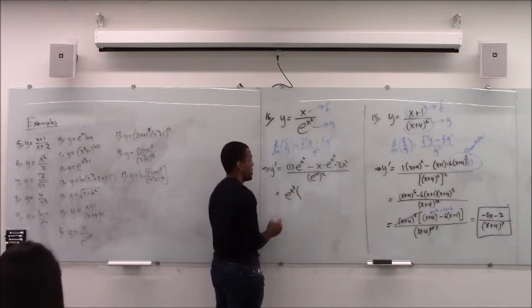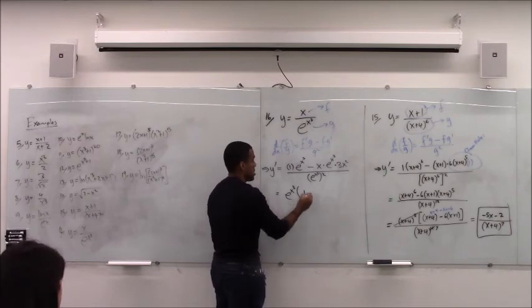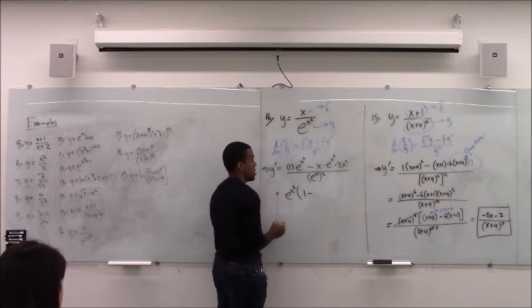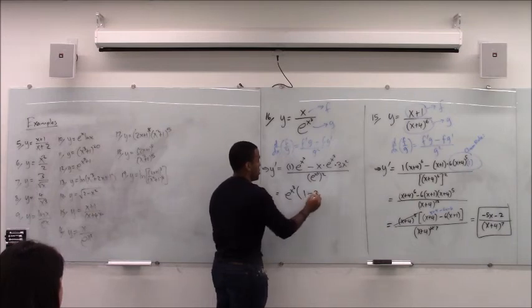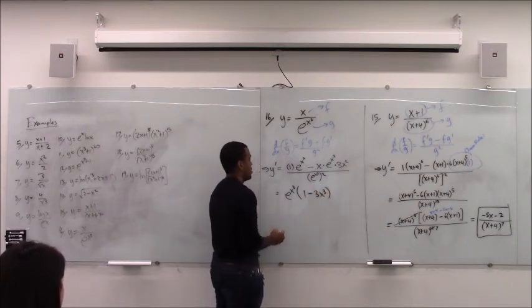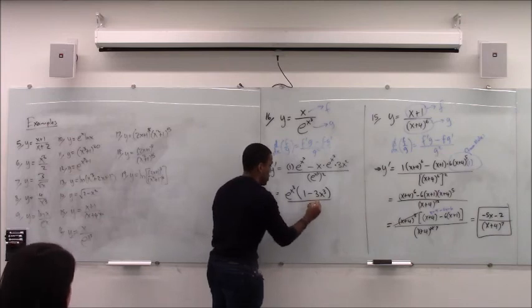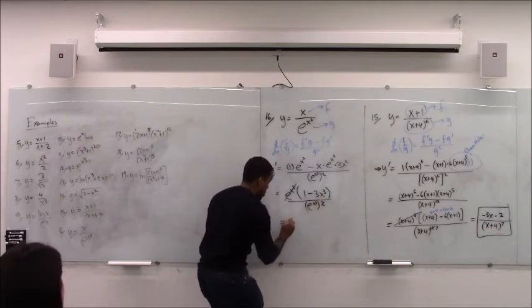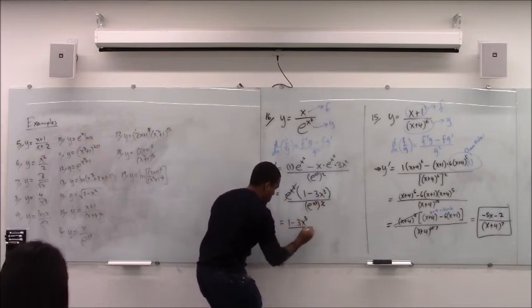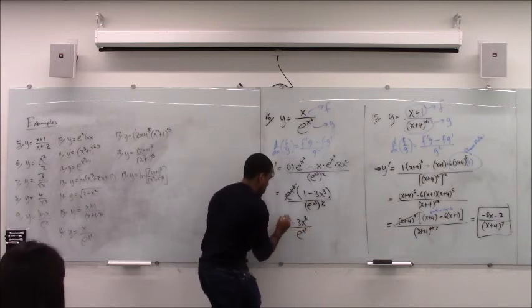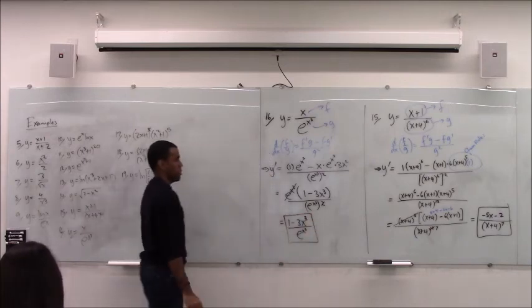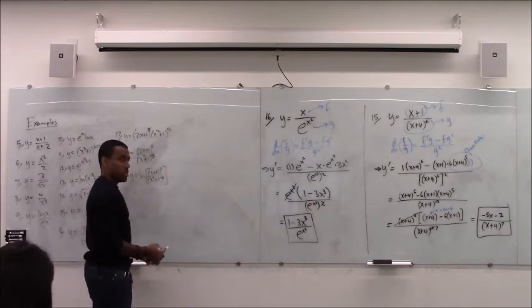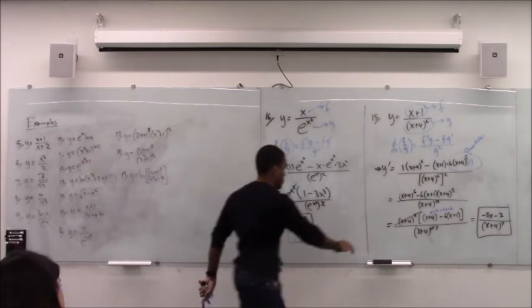What do you have left over inside? 3x cubed, e to the x cubed squared. This guy cancels that. And that's your answer there. Let's keep going.